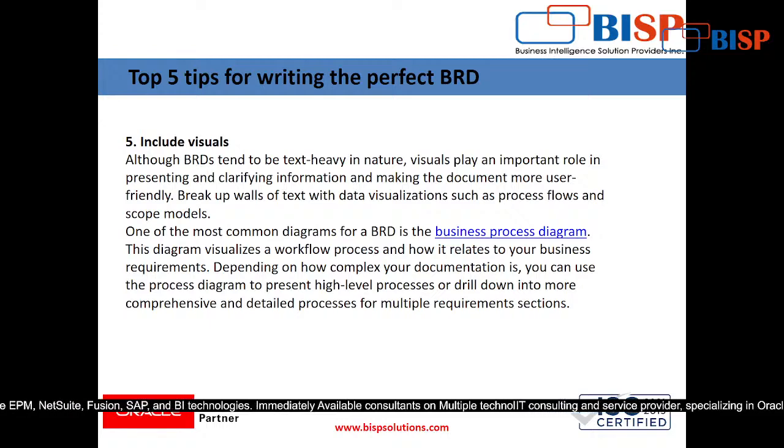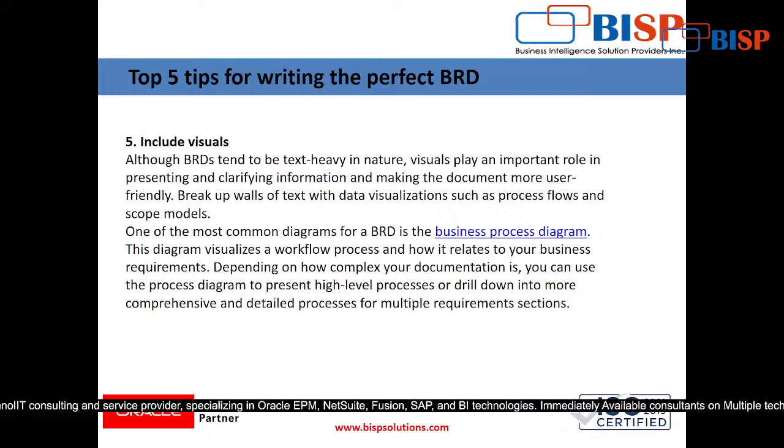But a sales rep, sales representative or sales supervisor is not habitual, so they will just ignore the document. Instead of doing this, it is better to put in visuals. One of the most common diagrams of a BRD is the business process diagram, and it is just like a flowchart. You have a business process flow that you have to show.